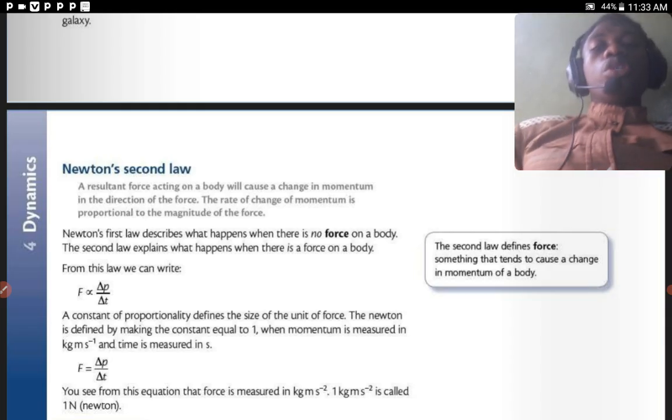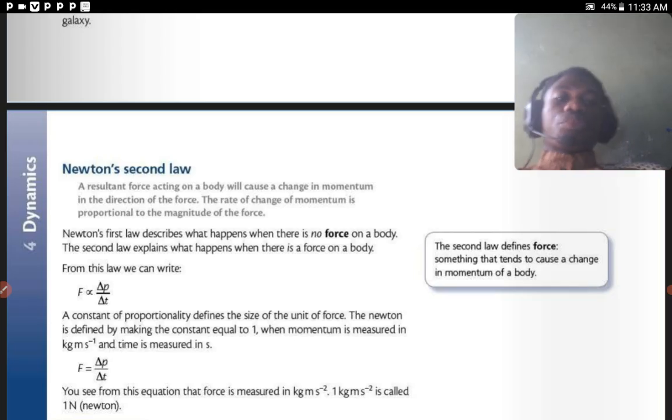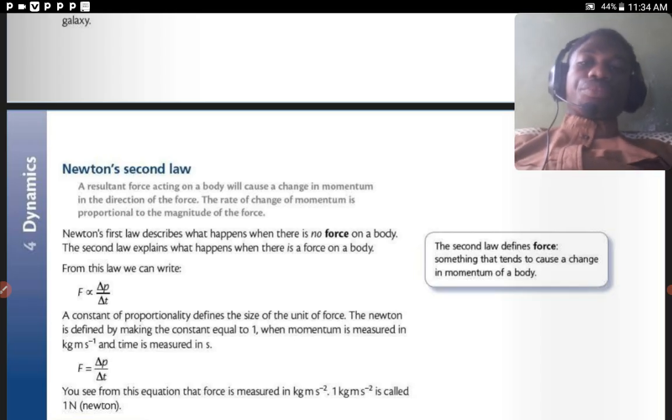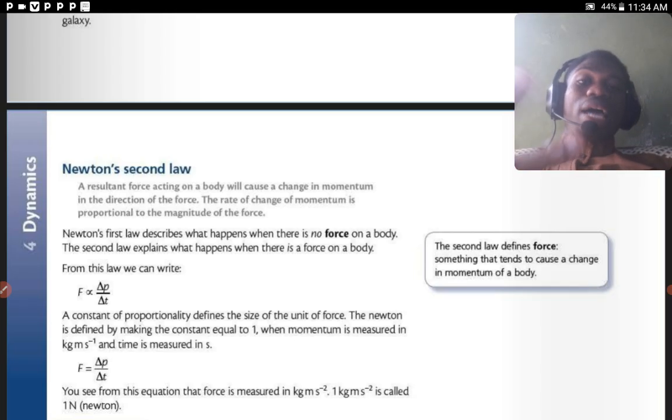Newton's second law is the law of momentum. This law states that the resultant force acting on a body will cause a change in momentum in the direction of the force. The rate of change of this momentum is proportional to the magnitude of the force.